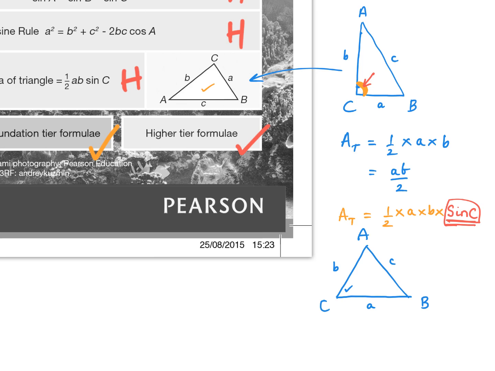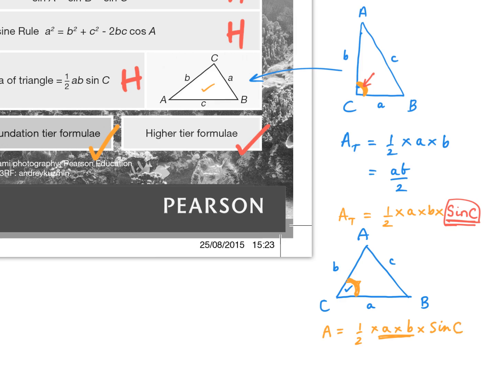Then we can say to ourselves, well, the area of the triangle, if this was a right angle, would be a half times the base times the perpendicular height, which would be B. But we know that this one isn't a right angle, so all we have to do is multiply by the sine of the angle that makes A and B happen. Okay, so if you think about it, if you have A and B, they make this angle, and that's the angle that we have to have here, so it would be the sine of C.